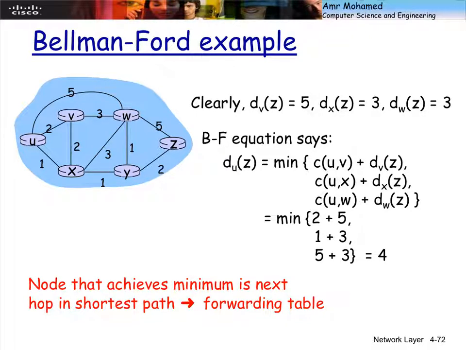So if you have a network like this, you have nodes like U, V, X, W, Z. So remember, V, X, and W are adjacent nodes to you.